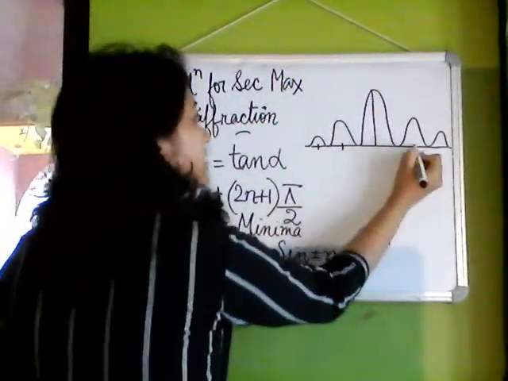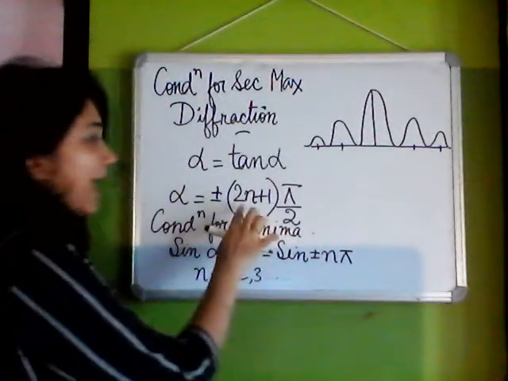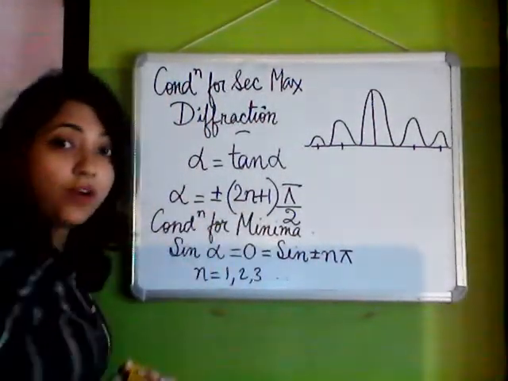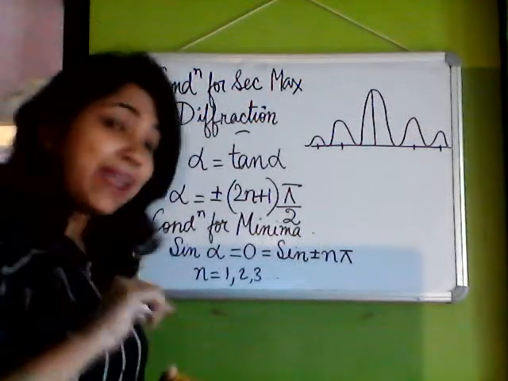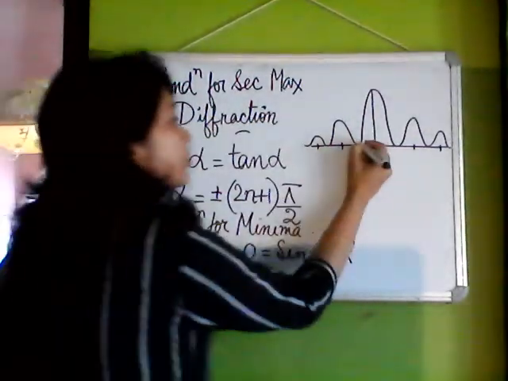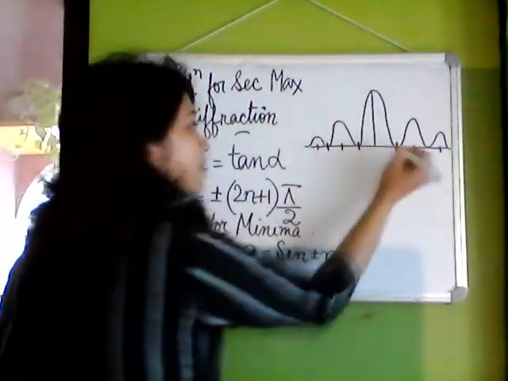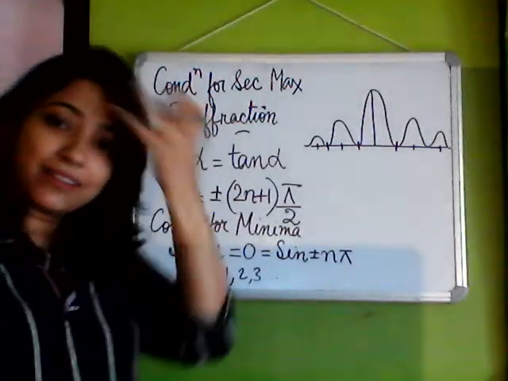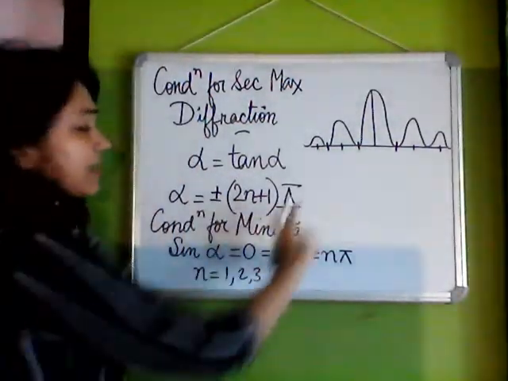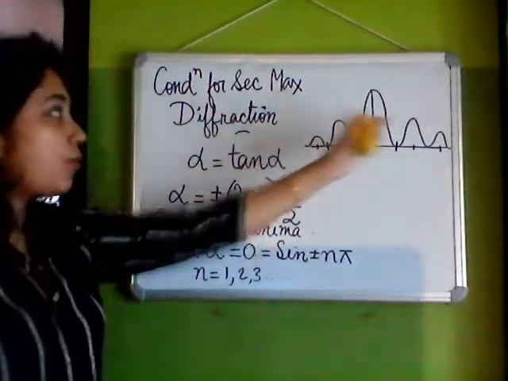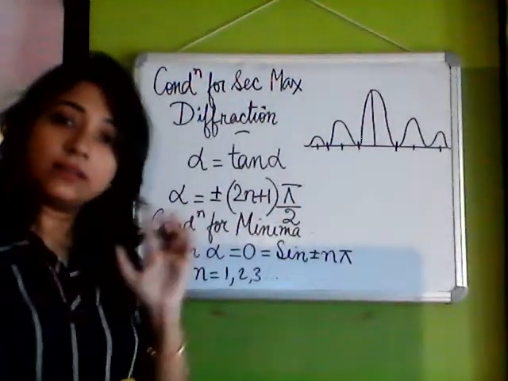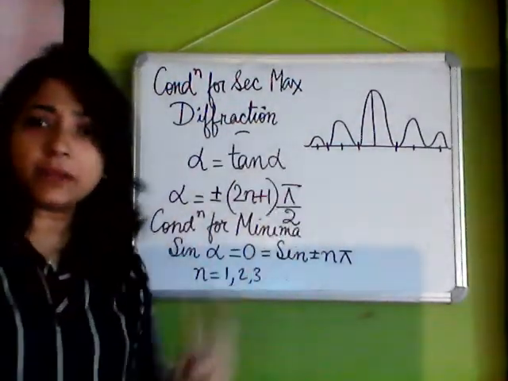These maxima values are all at odd multiples of pi by 2. Whereas for minima, I am going to get all the even multiples of pi. Right? So, with these things in our mind, we can easily draw the figure for diffraction maxima and minima.